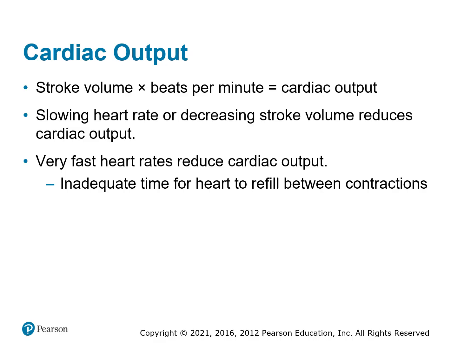So if we have a good stroke volume and a good rate, then we're going to have a good cardiac output. How do we know if it's good? How are we going to check cardiac output? Pulse. Yeah, we're going to check the pulse. So here's what we're going to watch for on test questions: rate, and strong or weak. We rate our pulses. We can't really give you a volume.